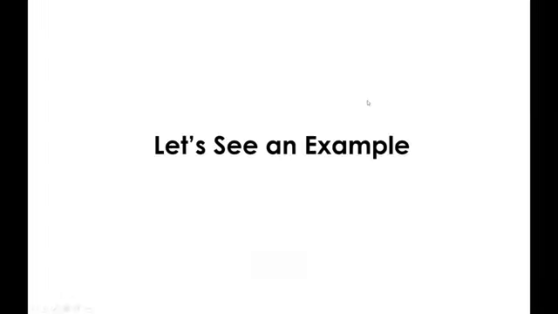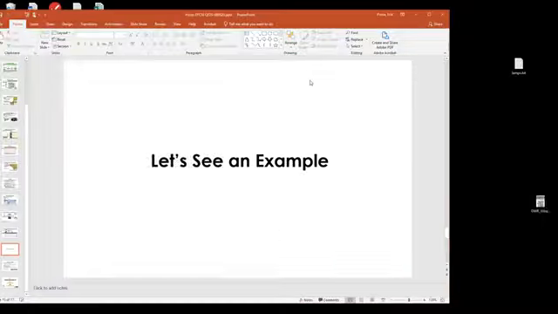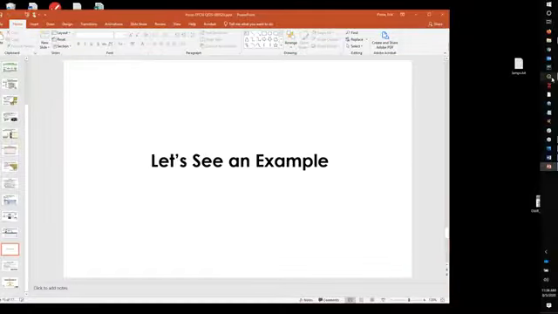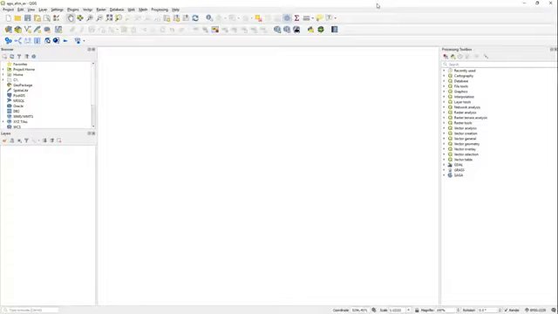Okay, so as I mentioned, let's see an example of using QGIS a little bit here for some applications. So if you open up a QGIS window, this might be what you see.